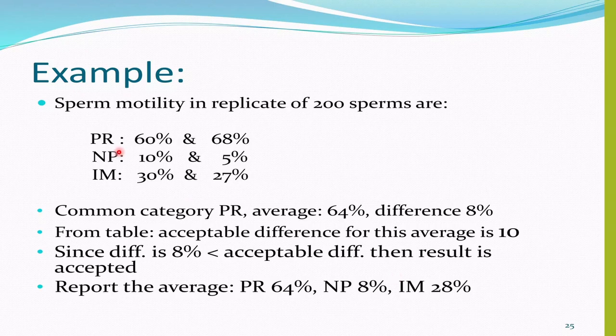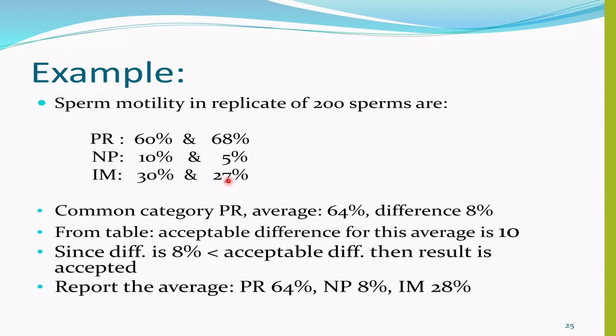Suppose you did the counting of 200 sperms, and in one replicate you got 68% and in the other 60% progressive; in the non-progressive, in one slide you got 10% and in the other 5%; and the immotile in one slide is 30% and in the other 27%. So a difference of up to 10 is fine.